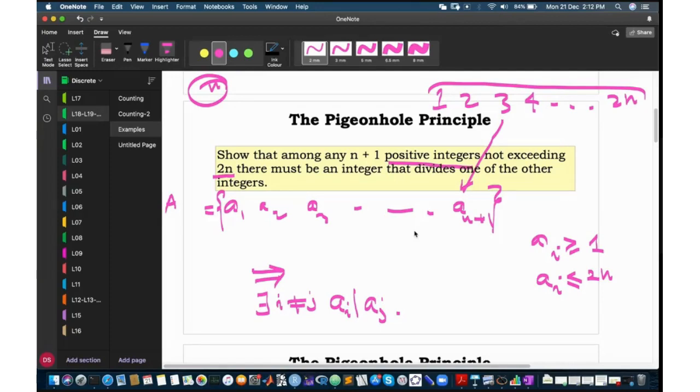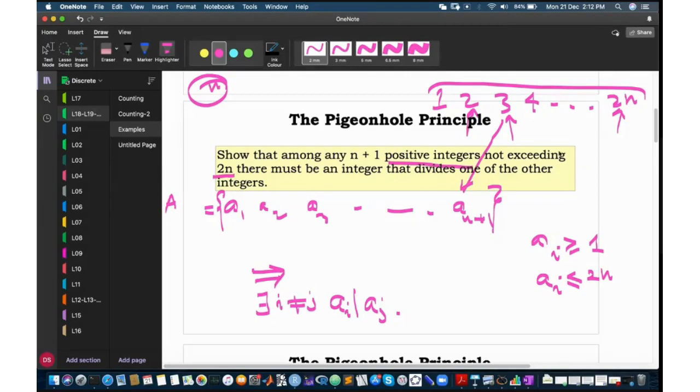Okay, refresh again. So look, each one of these numbers is coming from this range, so you're not sure whether 2 is in it or not, you're not sure whether 3 is in it or not, you're not sure whether 2n is in it or not. About particular integers you are not sure which one. At least half of them are there.